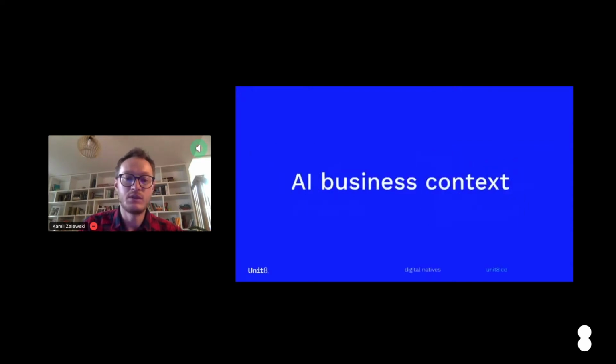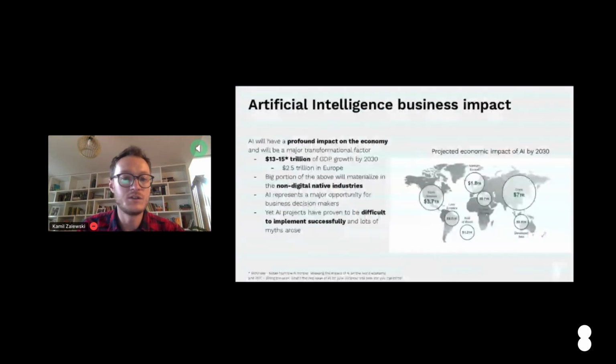So jumping into the AI business context. If you're here with me at the Intelligent Health 2020 conference, I'm guessing that you've already noticed the trend, but also the impact that the AI technologies are going to be having now and in the near future.